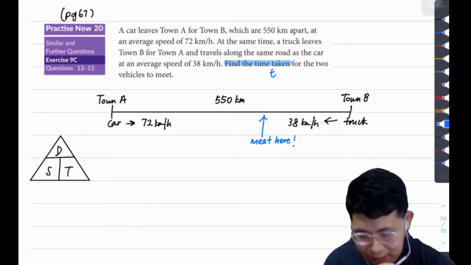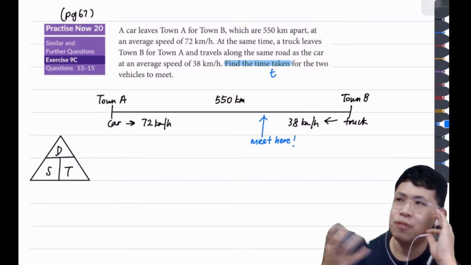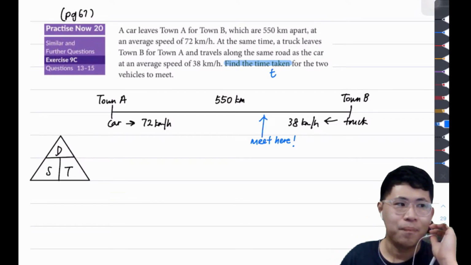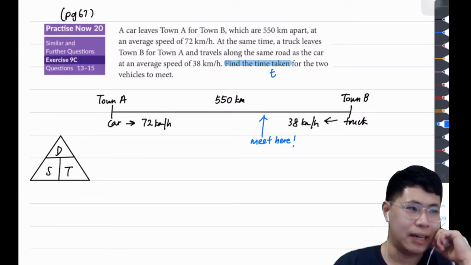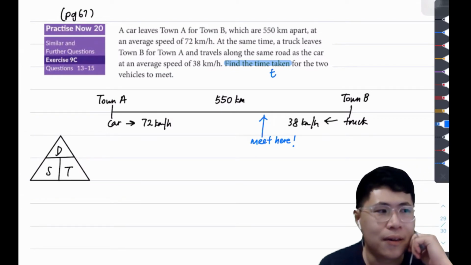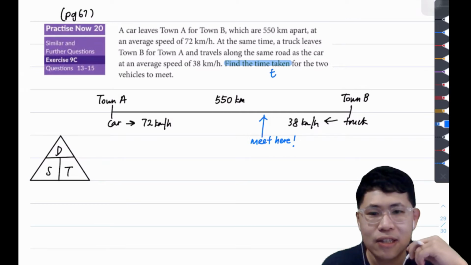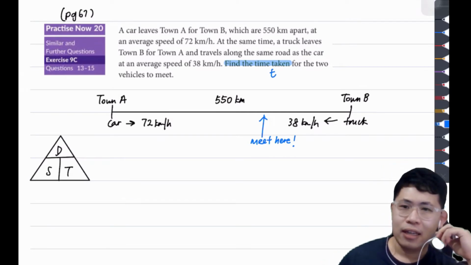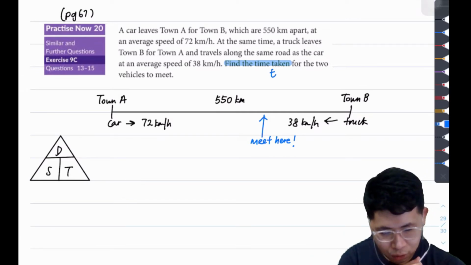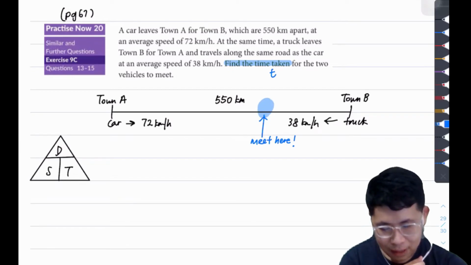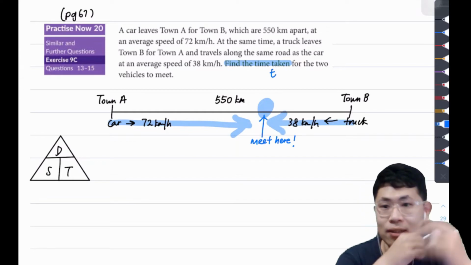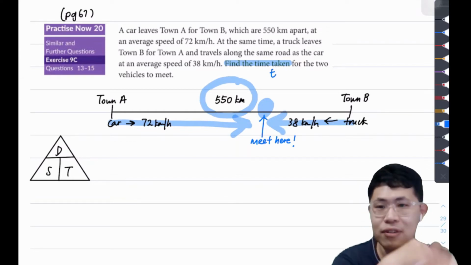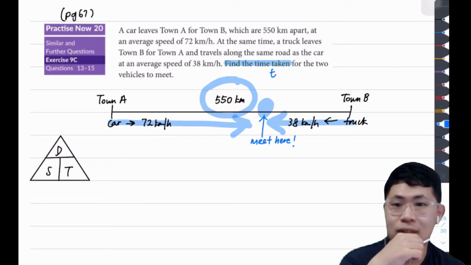Before we look at the time, let's take a look at what information we have over here. Since both of them will meet at the same time, and the additional thing that they give is that if they were to meet at this point over here, the distance traveled by the car and the distance traveled by the truck would add up to 550 kilometers. That would be the total distance.